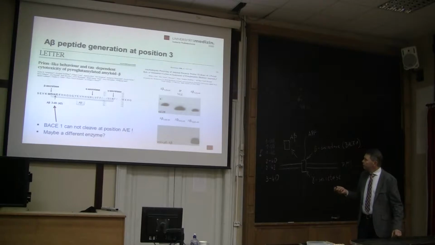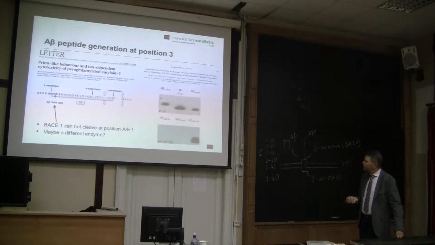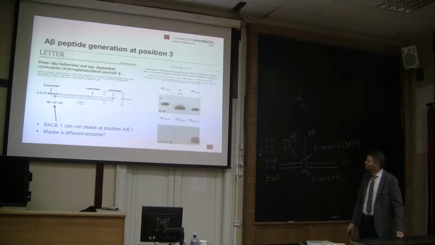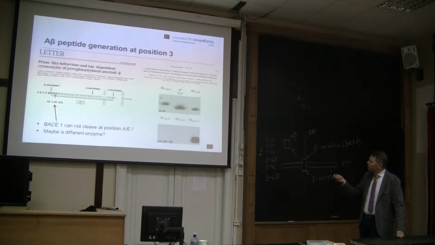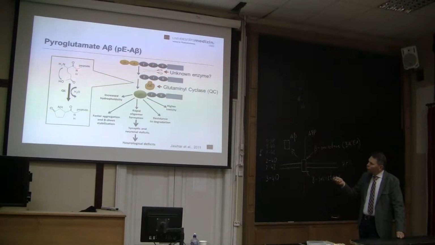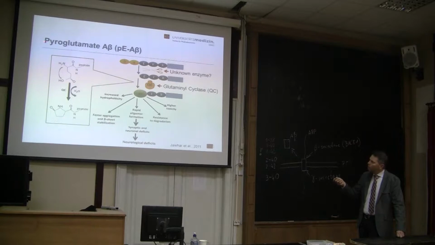And this is shown here by scientists from Ulrich Demuth, who is now at the Fraunhofer Institute in Germany. He has found that there are peptides that have a weird structure. They look like this: a normal Aβ-peptide starting at position 3, which is then cyclized. And they are so-called pyroglutamate Aβ-peptides.